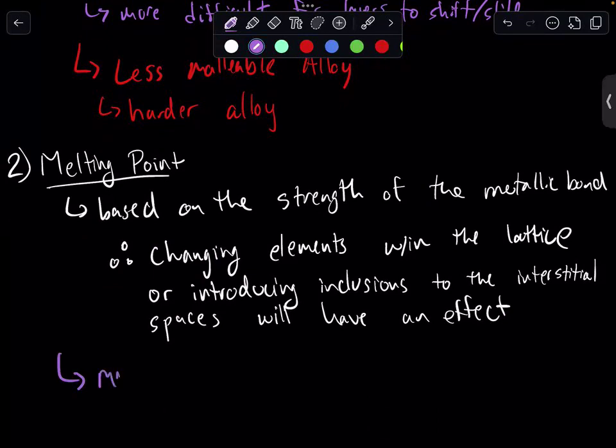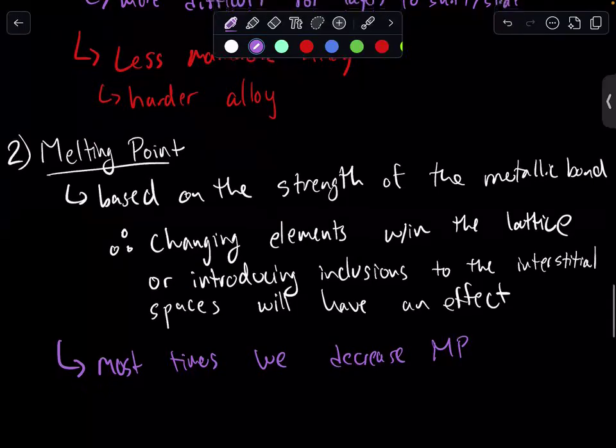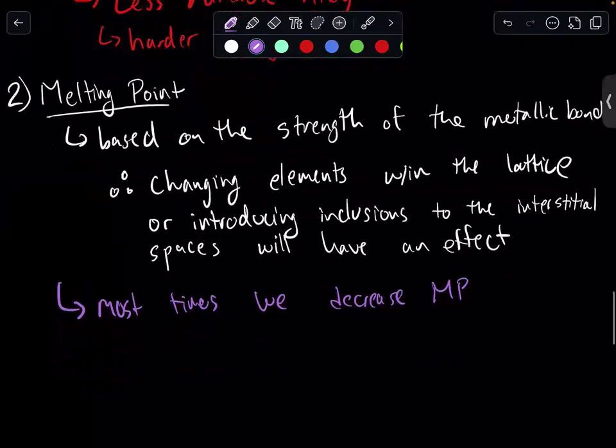So most times we decrease melting point. Those spaces are going to make that bond weaker. The different charges, or maybe no charge of the inclusion, will decrease the strength of that metallic bond.